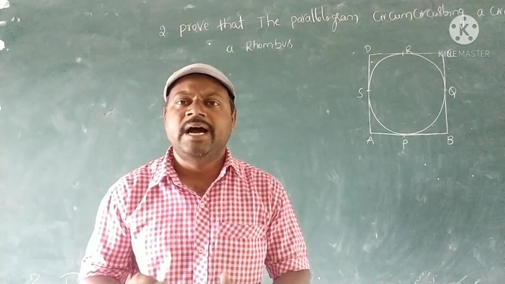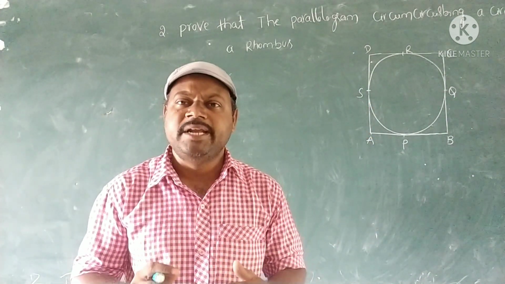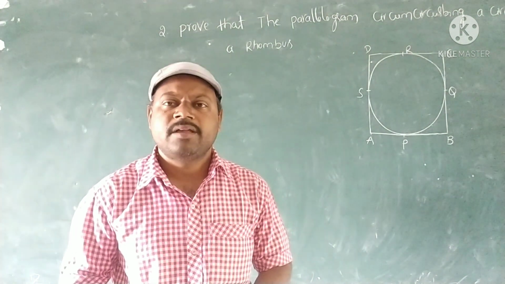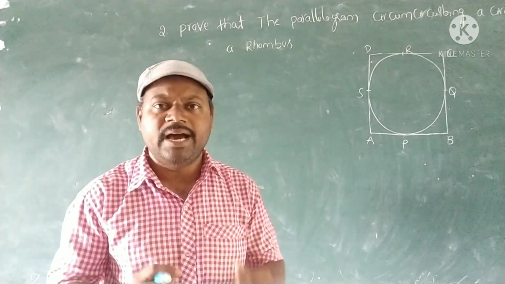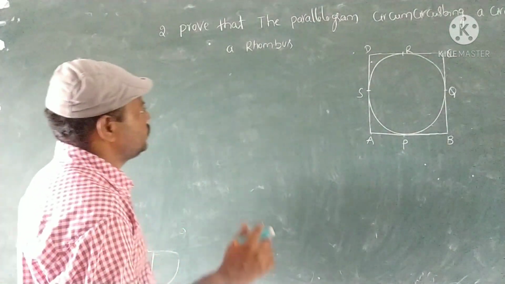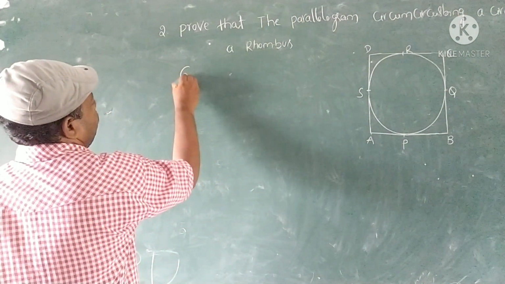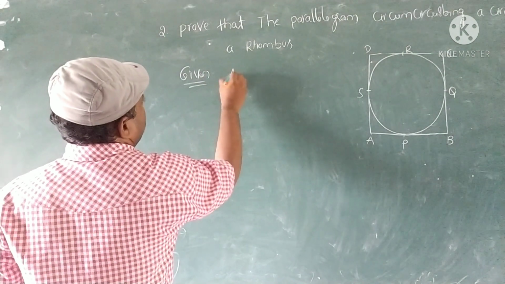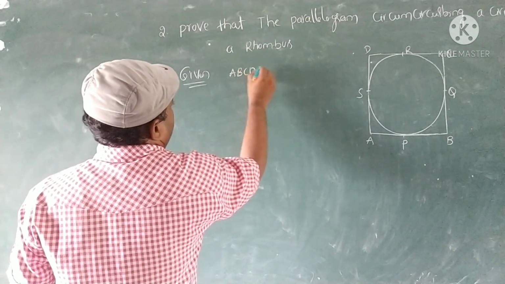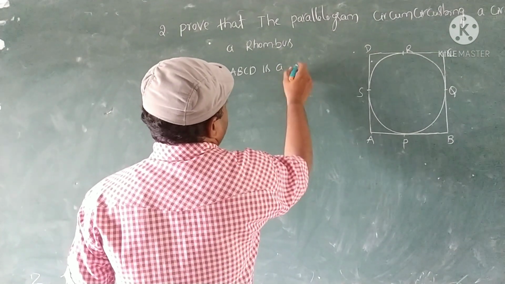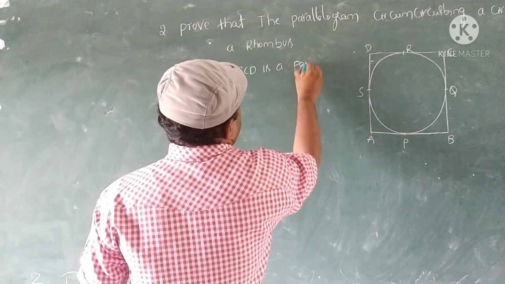ABCD is already a parallelogram. Parallelogram means opposite sides are equal and parallel. Opposite sides are equal and parallel. So remember that condition. What is given?